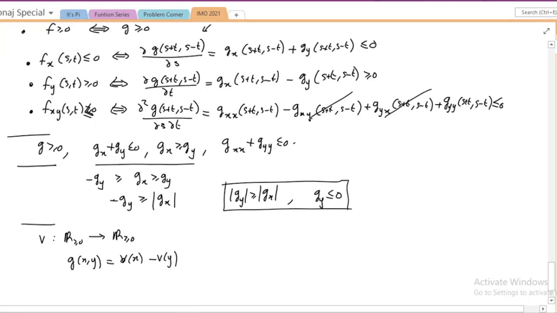This is the structure of the current problem, where v is just the square root. If you plug v equal to square root in this and go back to the original f, you get what we want. So f(x,y), which is g(x+y, x-y), will be v(x) plus v(y). So the question is just a very special case of this one.